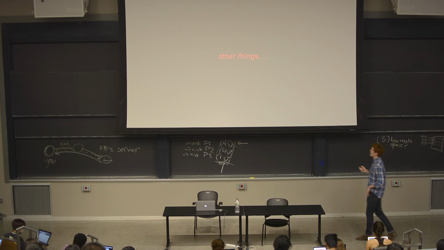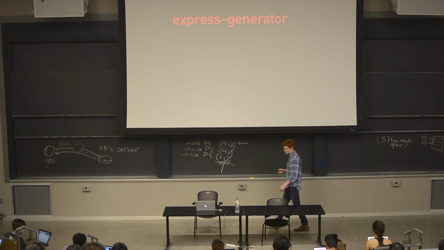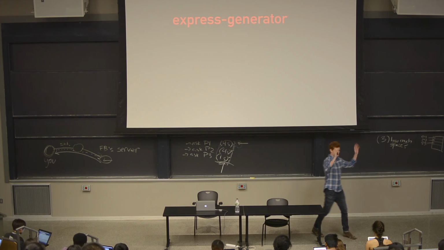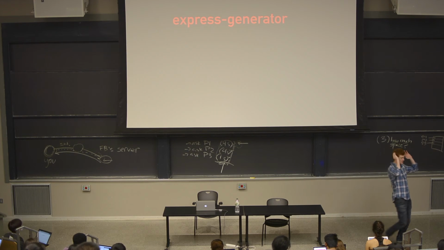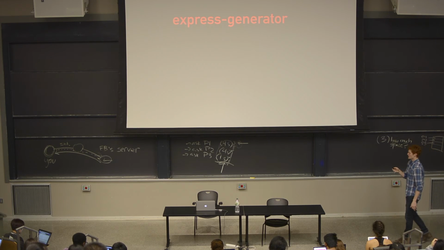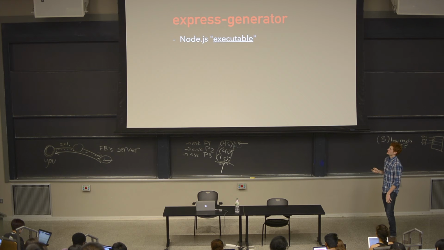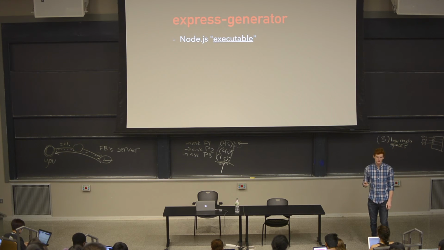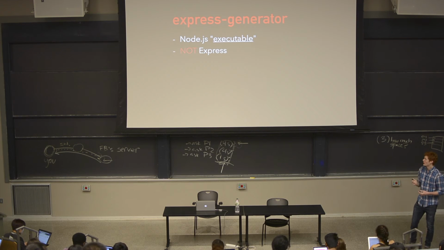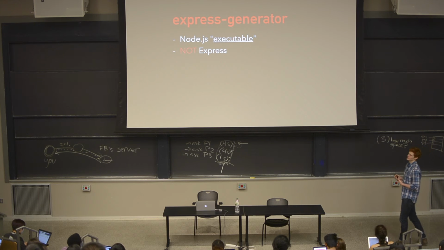Okay, a couple of other things. Yeah, okay. So, 2 other things, but don't forget, the big points are Node and Express. These are smaller parts of Node and Express. Express Generator is a Node.js executable. Basically, it's just a program that you can run in your terminal, but it's not Express.